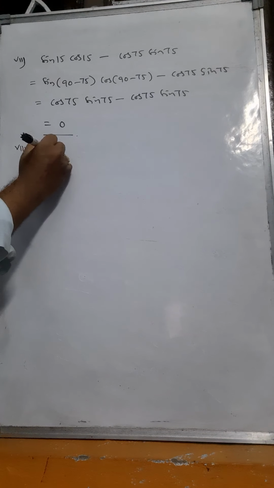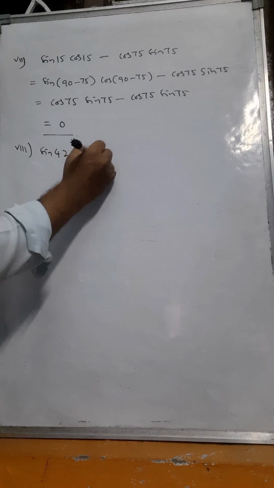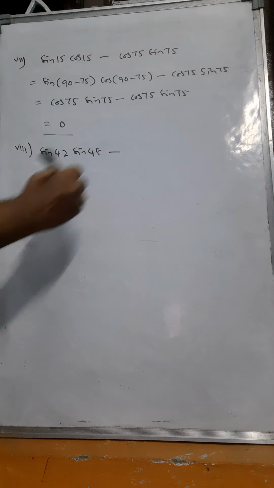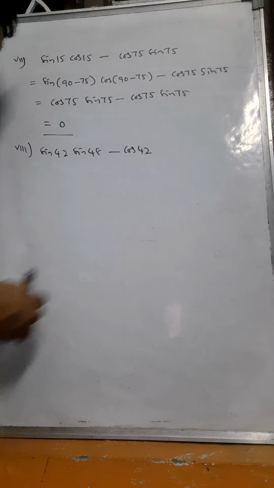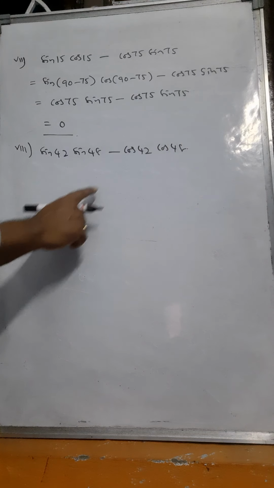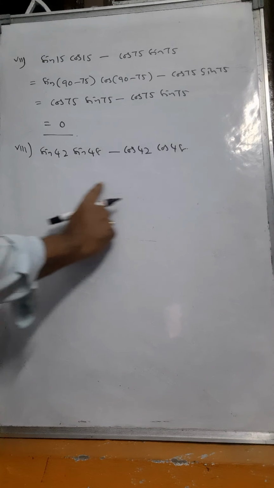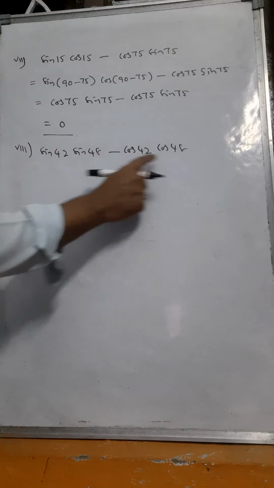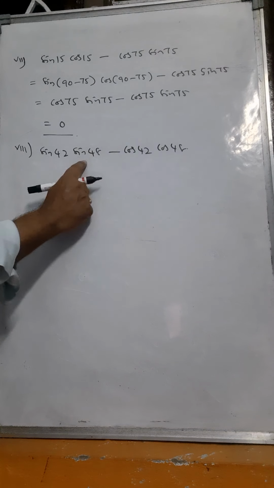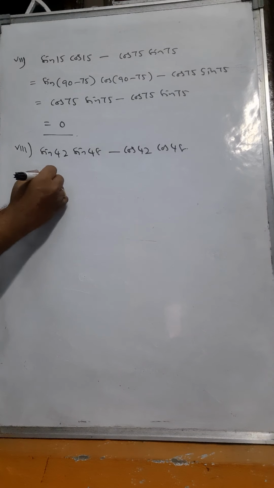Next, eighth problem. Sin 42 sin 48 minus cos 42 cos 48. Here 48 plus 42 is 90. From these two you have to change any one of them. I am changing sin 48 only.